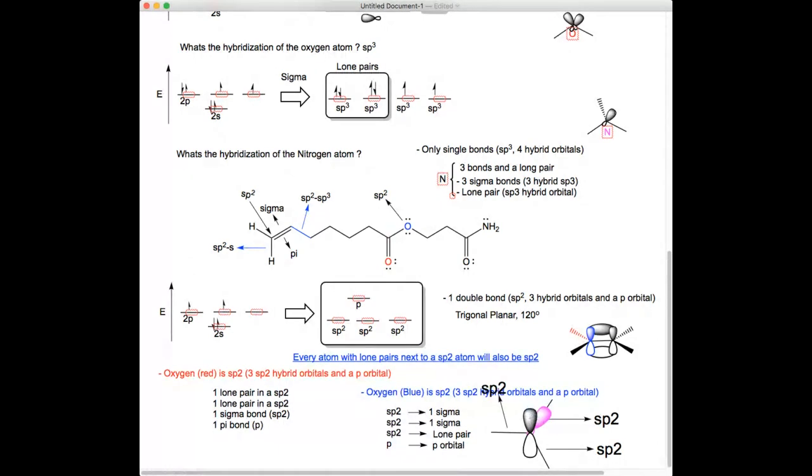Therefore, the angle in between these two is, I'm sorry, it's 90 degrees. I'm gonna see if I can write it over here. Here you go. So the angle here is 90 degrees. Okay.